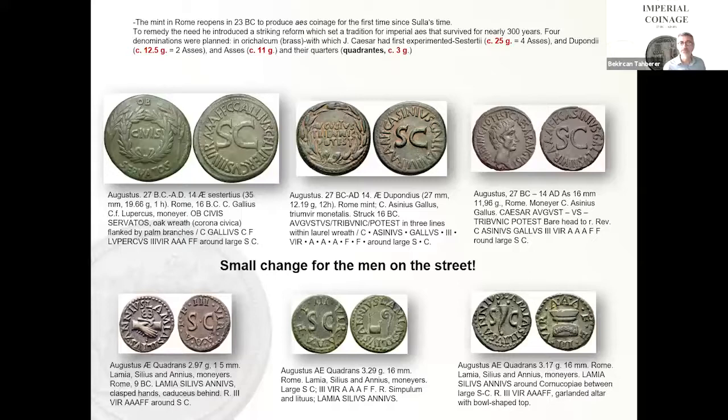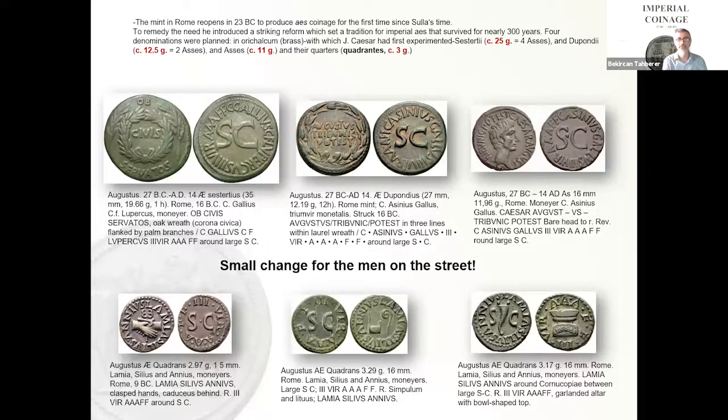So how did rulers, we can consider all the rulers from the beginning, how did they manage to issue so many coins without really having an interest in it?